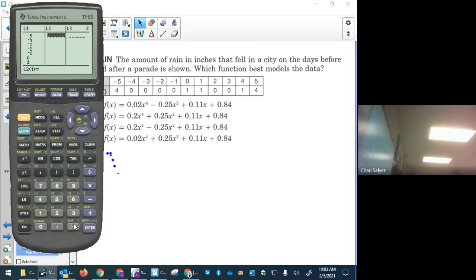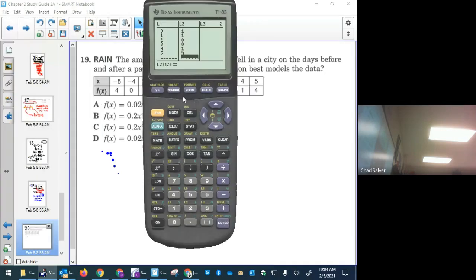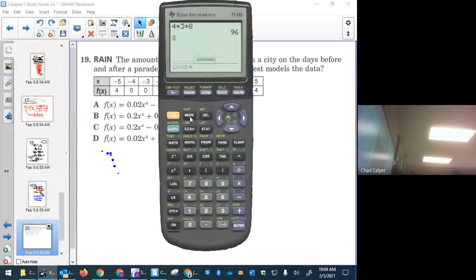And then the y values: 4, 0, 0, 0, 0, 1, 1, 0, 0, 1, 4. So we've got the data in there. Now what we're going to do, go to stat again, calculate, navigate down to quart reg, because that's a quartic function, remember, 4th power.